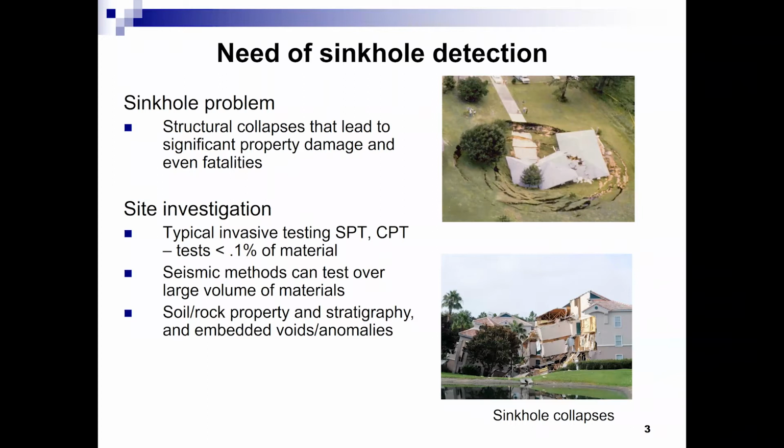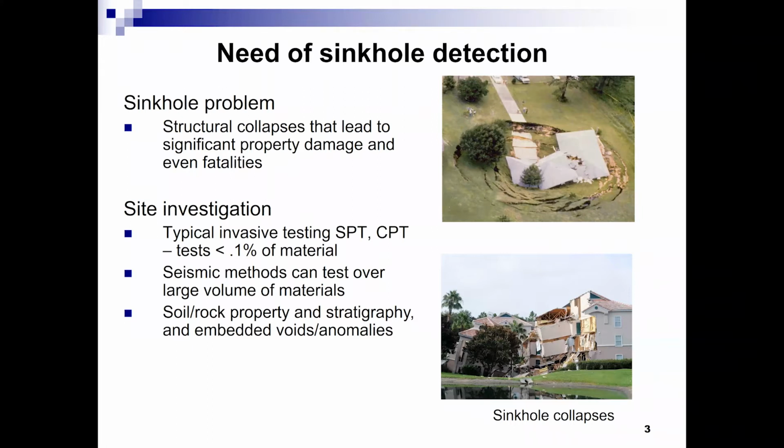These collapses are a result of poor site characterization. If we use only traditional invasive tests, SPT, CPT, we actually test less than 0.1% of the material supporting the foundation. And the chance of identifying the embedded void is very small.